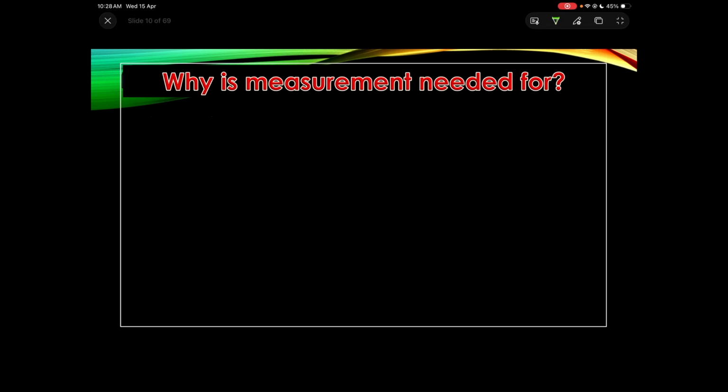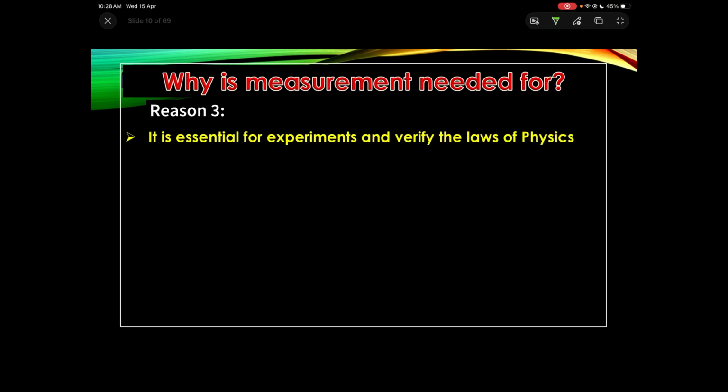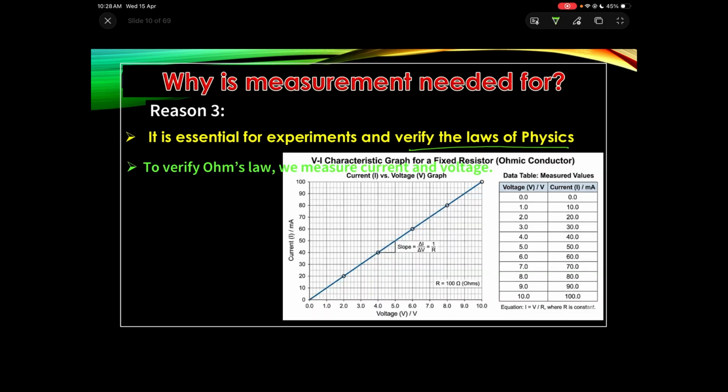Now let's go for the third use. The reason number 3 is it is essential in physics. Why? We do experiments in physics and we have a lot of laws in physics. So to verify the rules in physics, we have to make proper measurements. Look at this. You have done Ohm's law in grade 10, where you have to draw a current versus voltage graph.